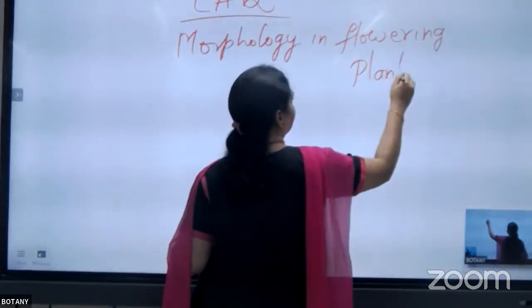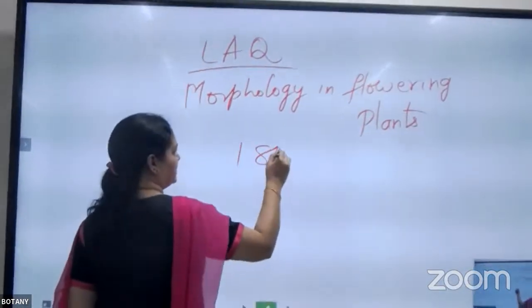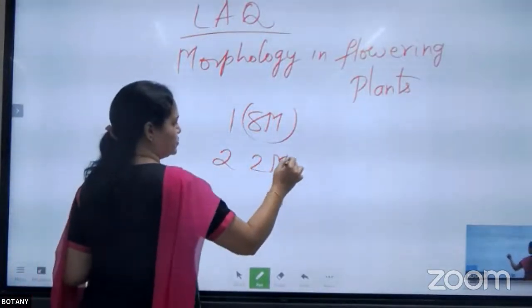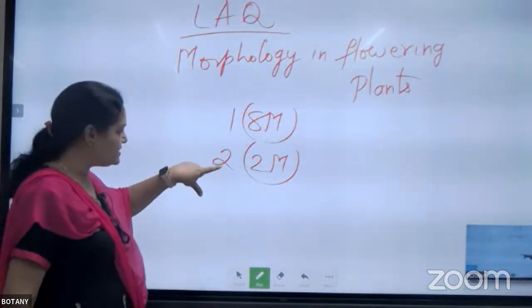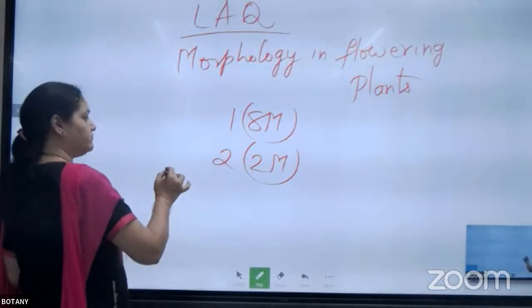From this chapter, we will get one 8 marks question as well as 2 marks questions. Whatever we prepare with the LQs, we can easily go with the 2 marks VSQs also. That means the total weightage of the chapter is 12 marks.